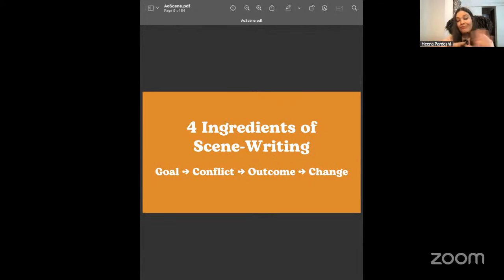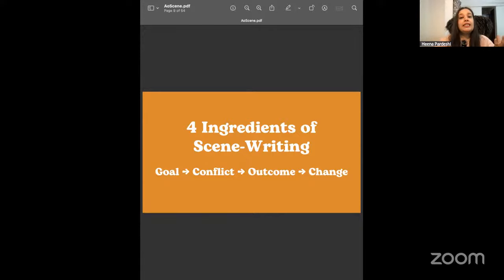Anyway, in Harry Potter, the first encounter with the Sorting Hat, everyone remembers that scene. If you've not read the book, then I'm sure you might remember the scene from the movie. So in the hat sorting scene, we are just going to talk about these four things that are on the screen: goal, conflict, outcome, and change. The goal is Harry wants to be placed somewhere safe.